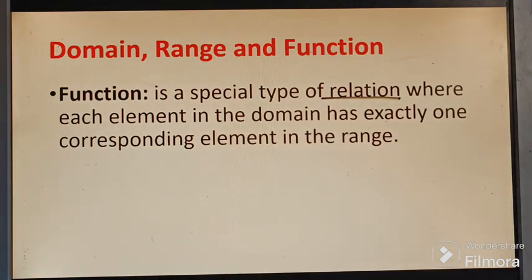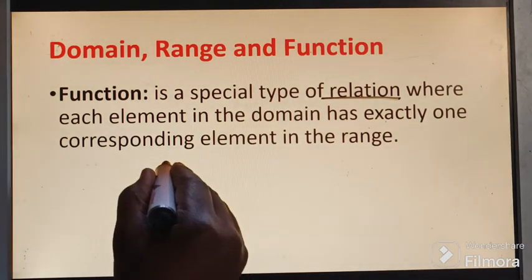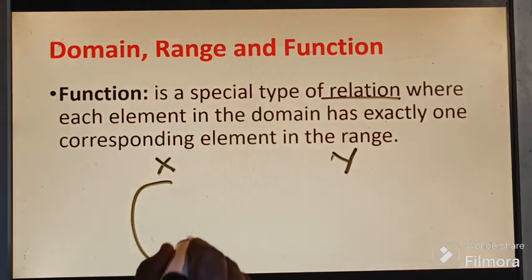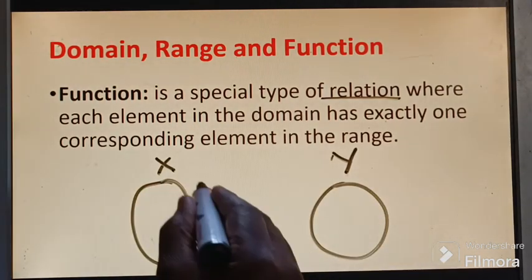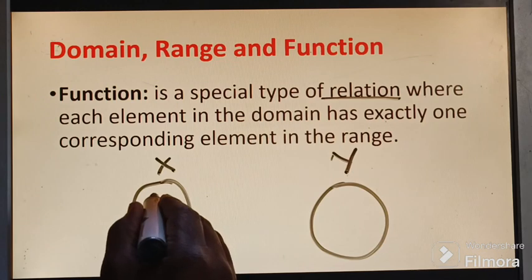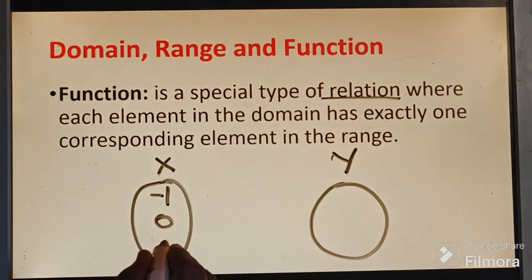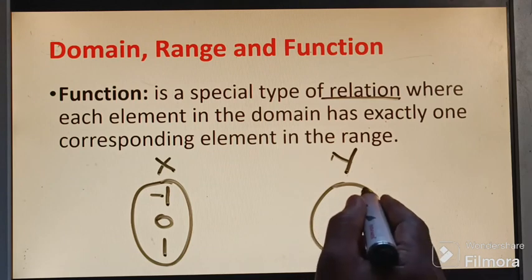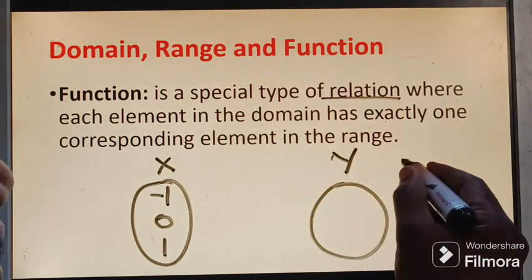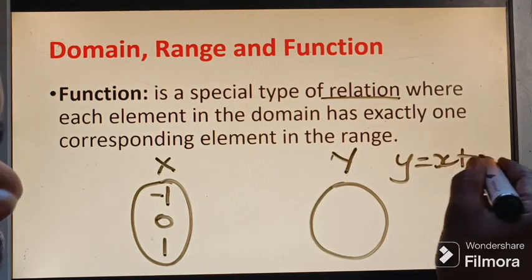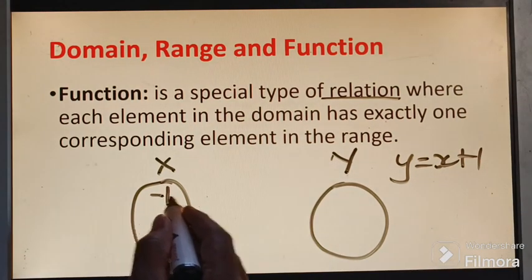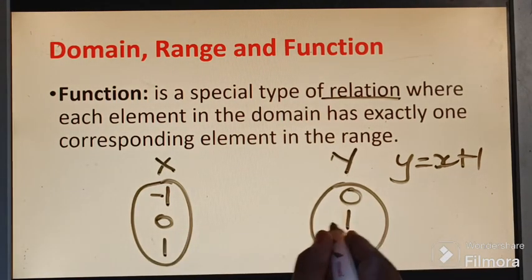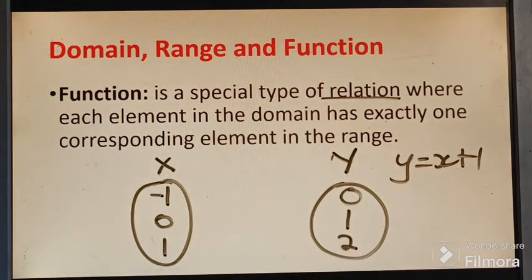What does that mean? Simply, timanena kuti if we have x and y there, and from our example, we had the -1 there, 0 and 1, and about napeza, if we input, so our equation was y is equal to x plus 1, and tikatenga a -1 kuika apa amatipasa here 0, tikatenga 0 kuika apa amatipatsa 1, tikatenga 1 kuika apa amatipatsa 2.